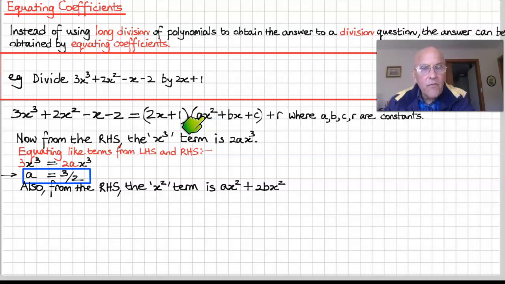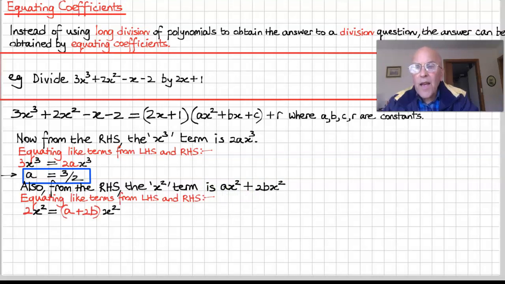So now I've worked out all of the terms which, if you did multiply this thing out, would yield x squared terms. So then you say to yourself, wait a minute, this is 2x squared, and therefore that 2x squared must equal what we worked out over here, the ax squared plus the 2bx squared. Okay? You're getting the hang of it?